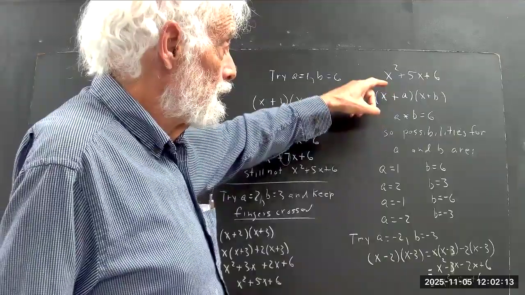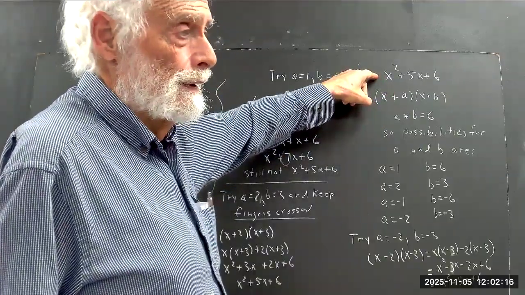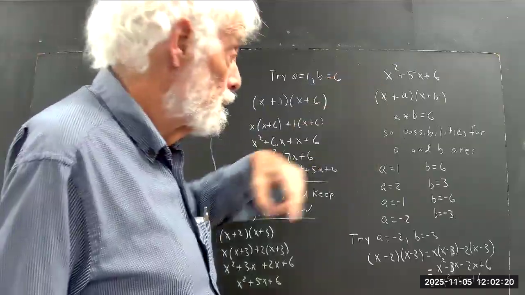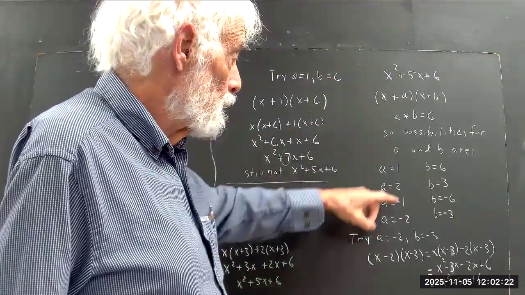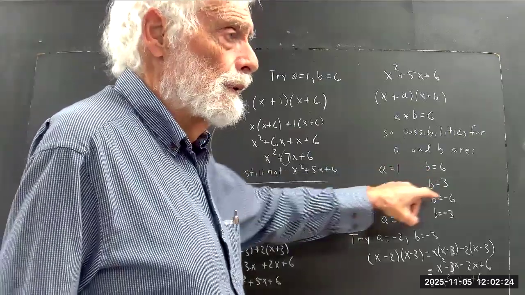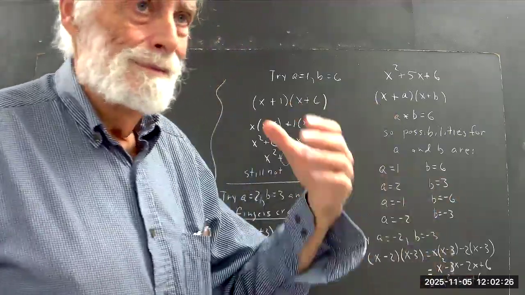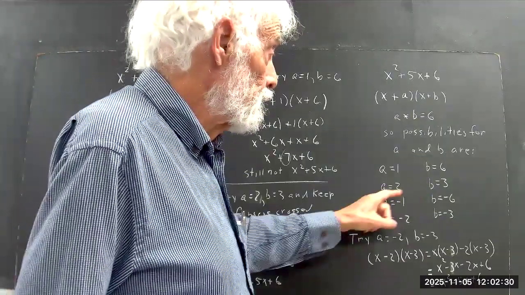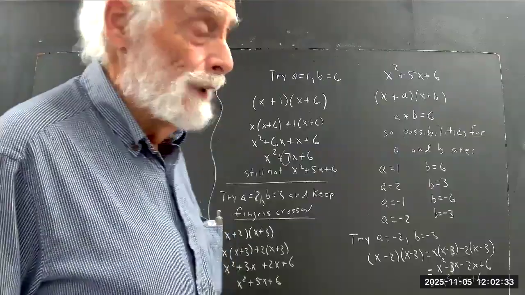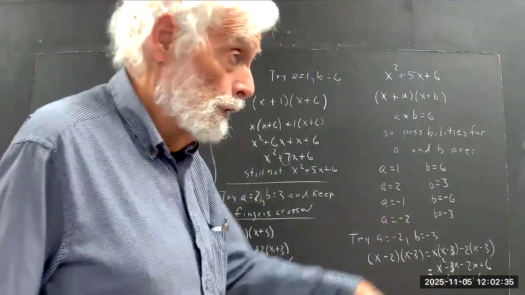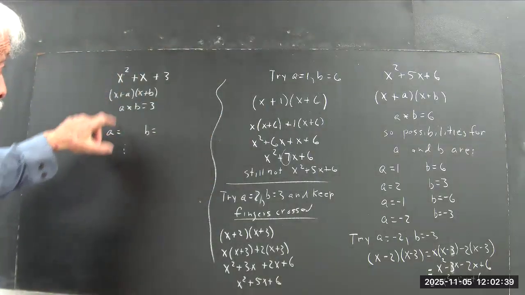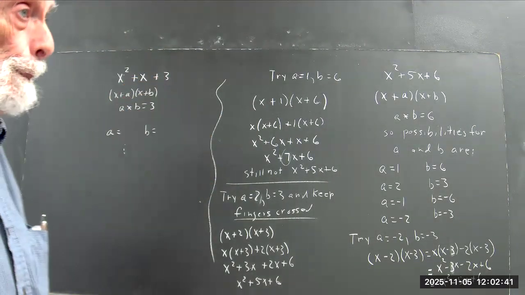When we have a monic expression with a 1 in front of x squared, then we'll let A be the number with a less absolute value. Okay? 1 before 6, 2 before 3. And -1 before -6, -2 before -3. So what are your possibilities for x squared plus x plus 3?